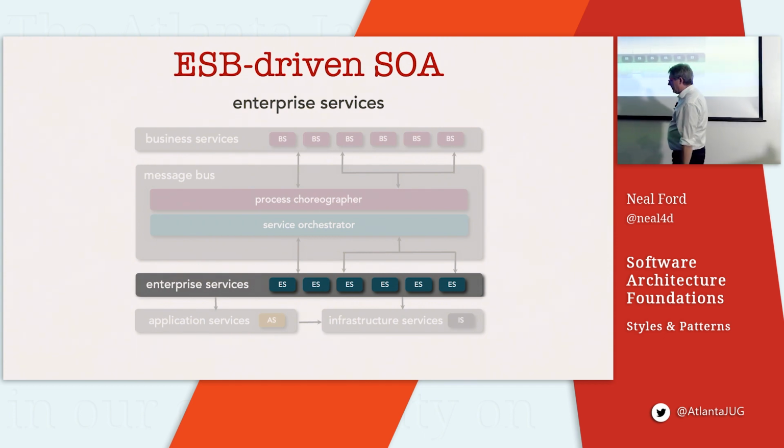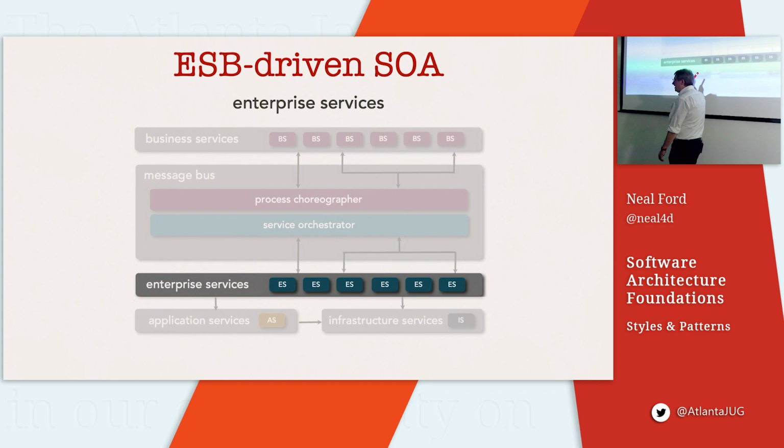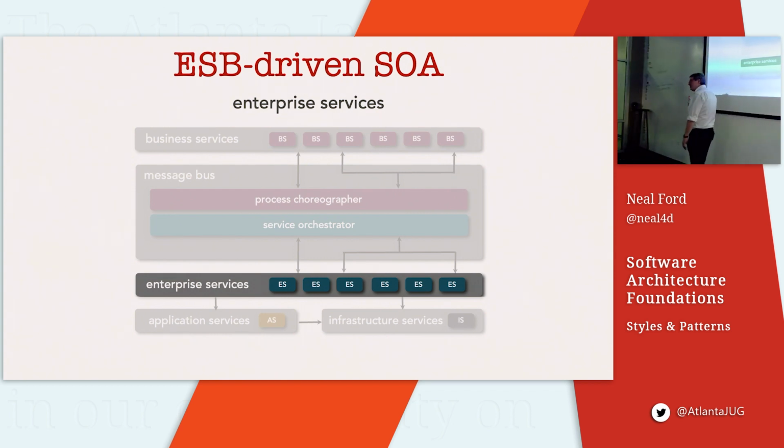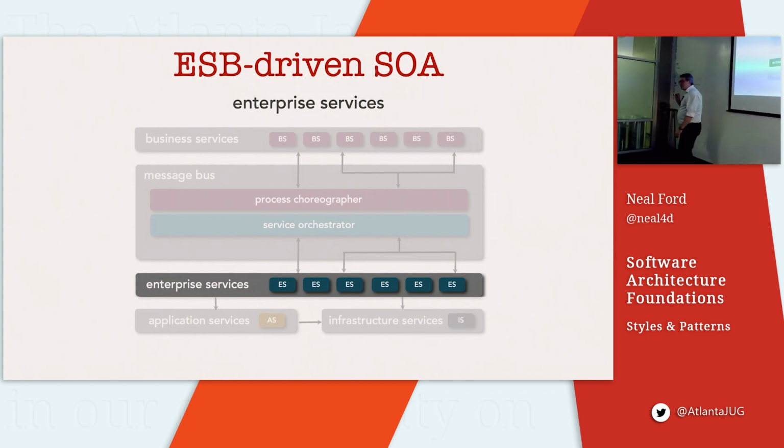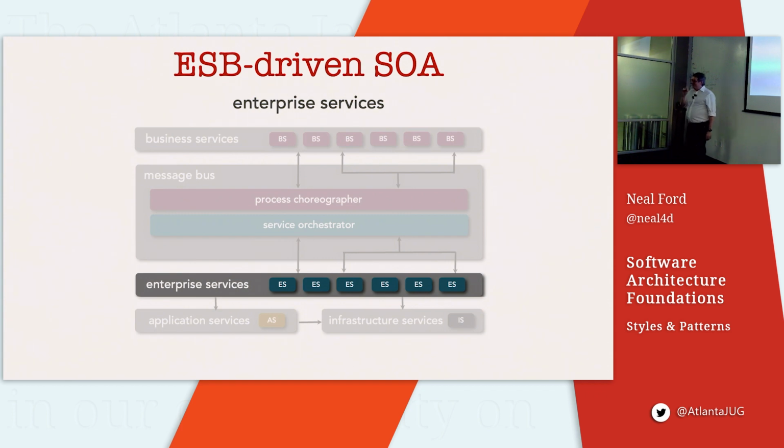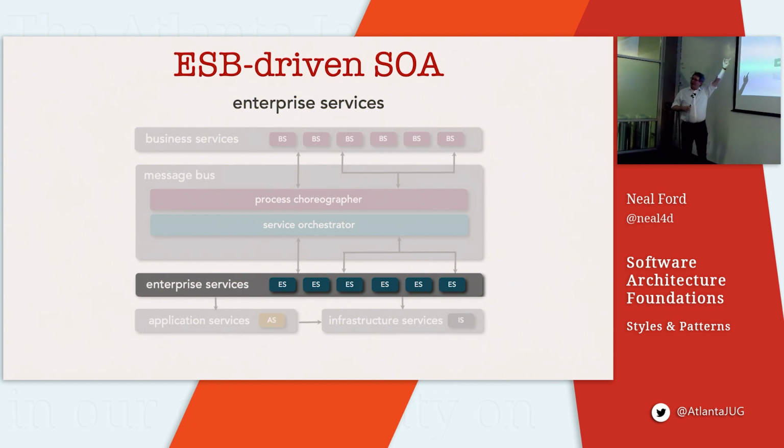And these were at a different level of granularity than the business services up top. Because what these were supposed to be are these little magic Lego blocks that encapsulate some perfect little slice of business functionality. And the idea was anytime you have some new abstract problem at the top, you can just take a bunch of these little enterprise services and wire them together using this message bus thing in the middle.